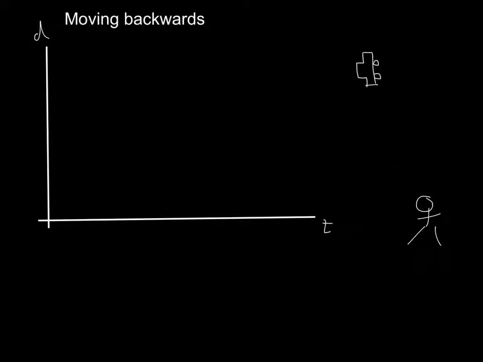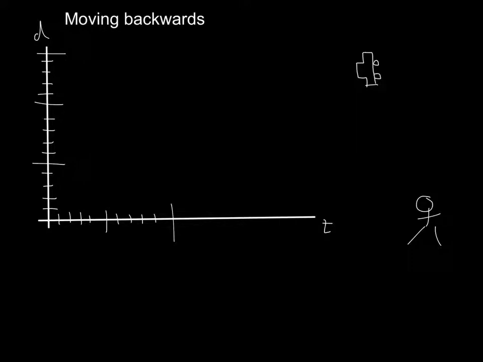So first thing, how can we represent this? Well, let's just say that I start at 10 meters. So again, let's make a couple of marks, 1, 2, 3, 4, 5.